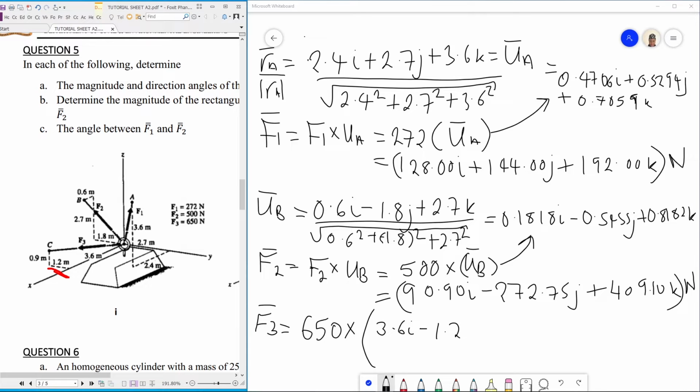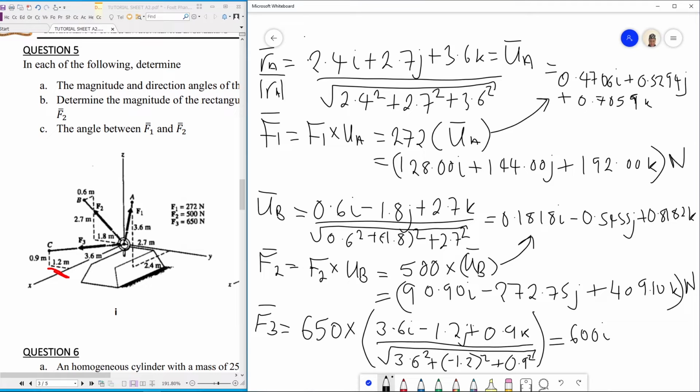Okay, coming here, we are having plus a small 0.9 K. This is 1.2 J. Then over this magnitude, which will be 3.6 squared plus minus 1.2 squared plus 0.9 squared, and this will be equal to 600 I minus 200 J plus 150 K. So all these are in newtons.